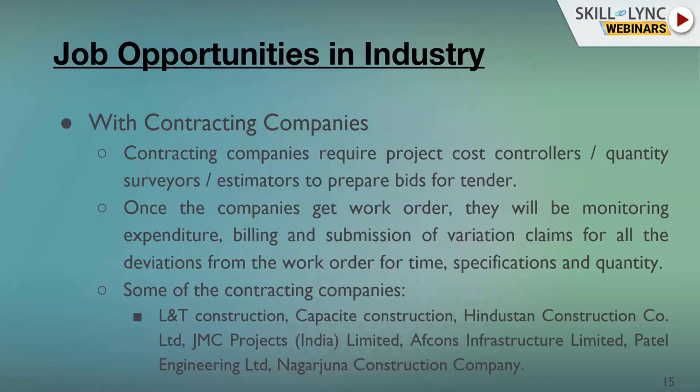And then each individual cash flow has to be monitored so that the company is in profit for the particular project. So from the contracting point of view, each contracting company has project cost controllers, quantity surveyors, billing engineers, estimators, based on site as well as at head office. So in contracting companies, there is a large demand for these sector staff.